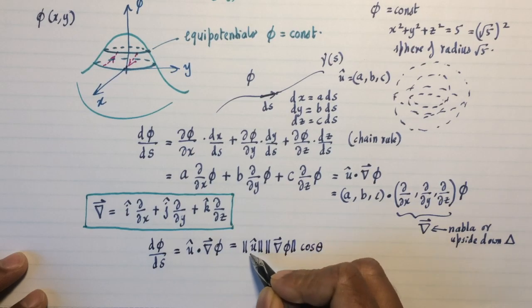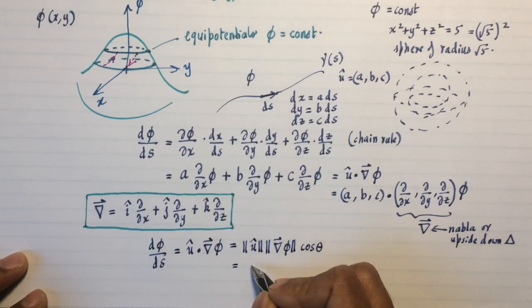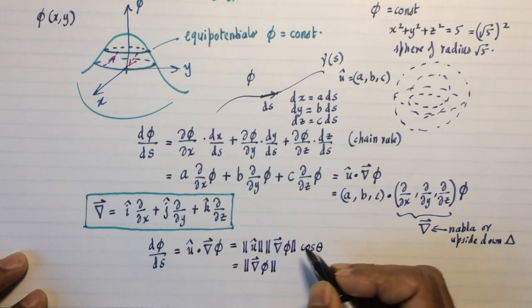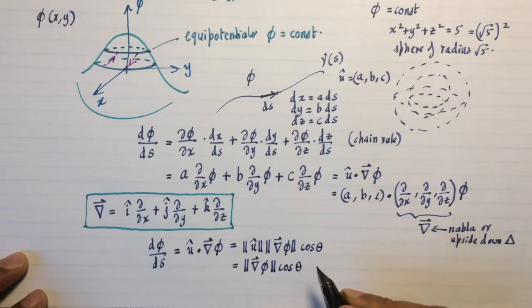If I write it like that, the unit vector has got unit magnitude, so I'll just write it as the magnitude of the gradient of phi times cosine theta. Well, this tells you that the maximum value occurs when theta is either 0 or pi. Okay, the maximum value occurs when it's 0 and minimum value when it's pi. So those are called the directions of steepest ascent and descent.